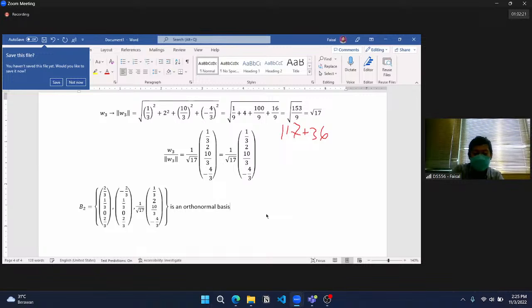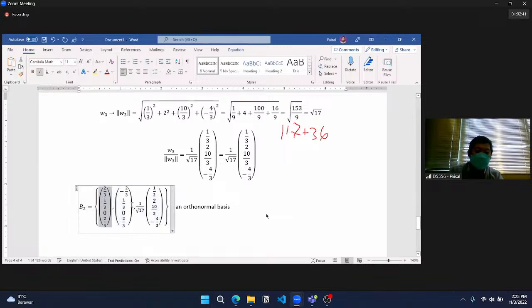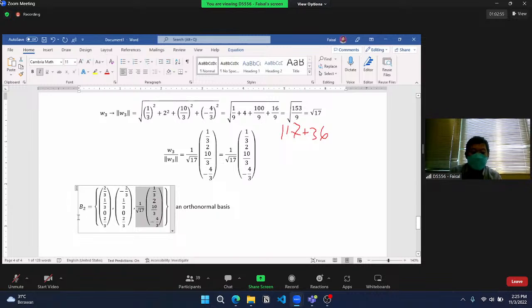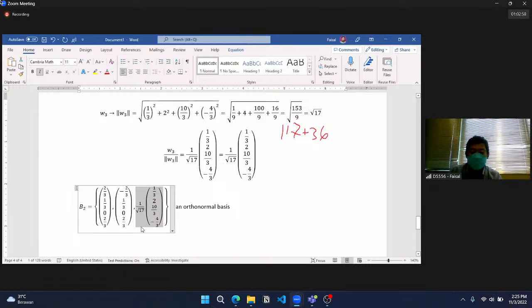What is an orthonormal basis? It means this basis is orthogonal, but the norm of every vector is equal to 1. So the norm of the first vector is 1, the norm of the second vector is 1, and the norm of the third vector is also 1. And the dot product between two vectors in the set B2 is always 0. So this is an orthonormal basis.